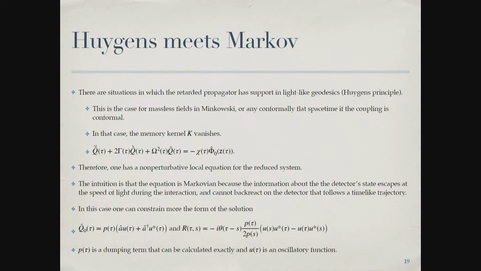In fact, in this setup, you can solve the system exactly. Well, not exactly. You can parameterize it, saying that the homogeneous solution is a damping term that can be calculated exactly, plus some solutions that preserve some kind of Wronskian.